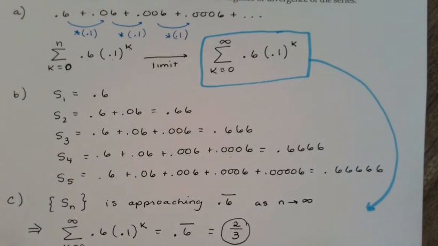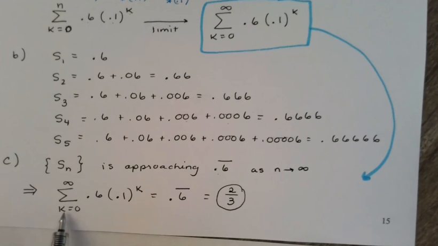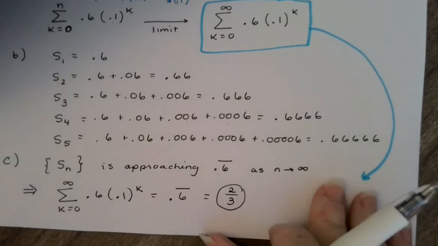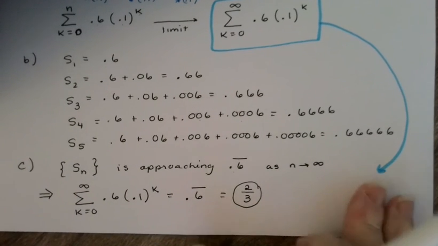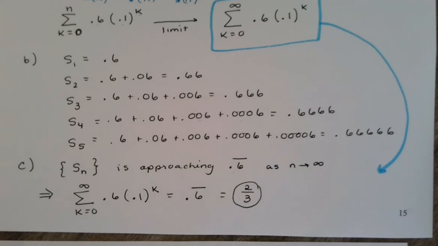Well, we know that if the sequence of partial sums is approaching 0.6 repeating, then the sum of the series itself is also equal to 0.6 repeating. And 0.6 repeating, you probably already know this, is 2/3. So the sum of that series is 2/3. This is looking at a repeating decimal as an infinite series.